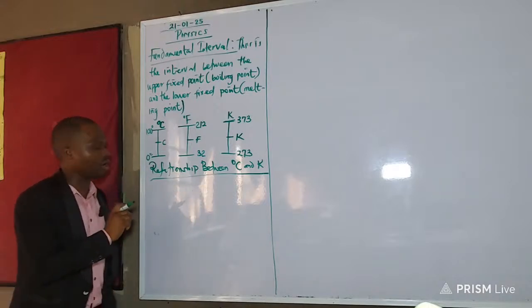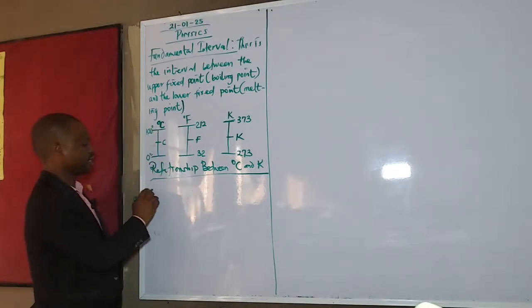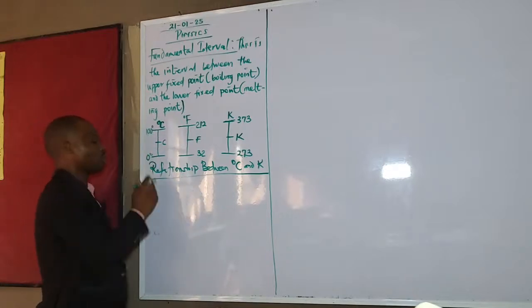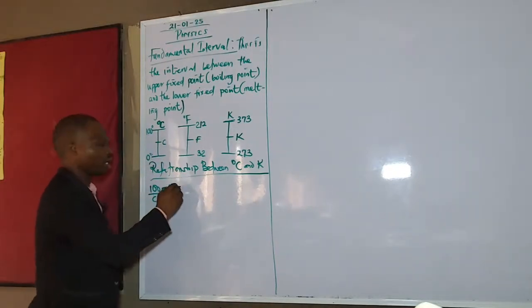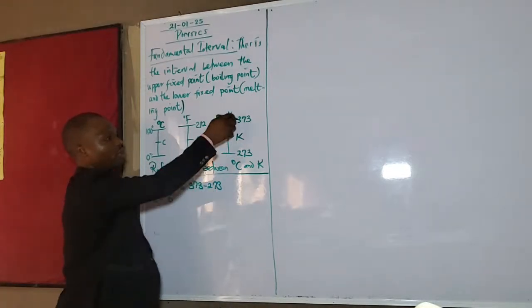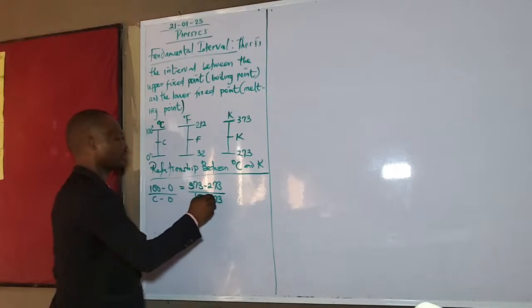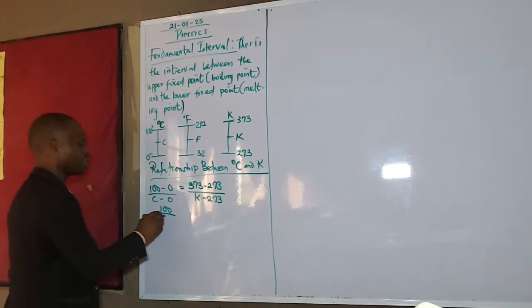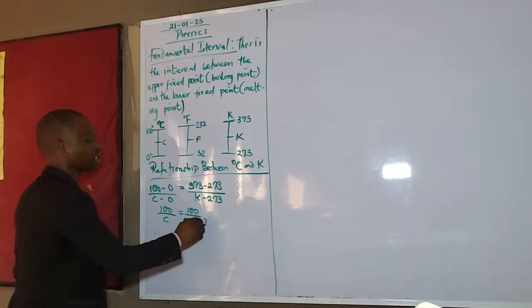I have given us in the previous class the formula we are going to be using: upper minus lower, that's 100 minus 0, over C minus 0 equals 373 minus 273, upper minus lower, over middle minus lower. This gives us 100 over C equals 100 over K minus 273.